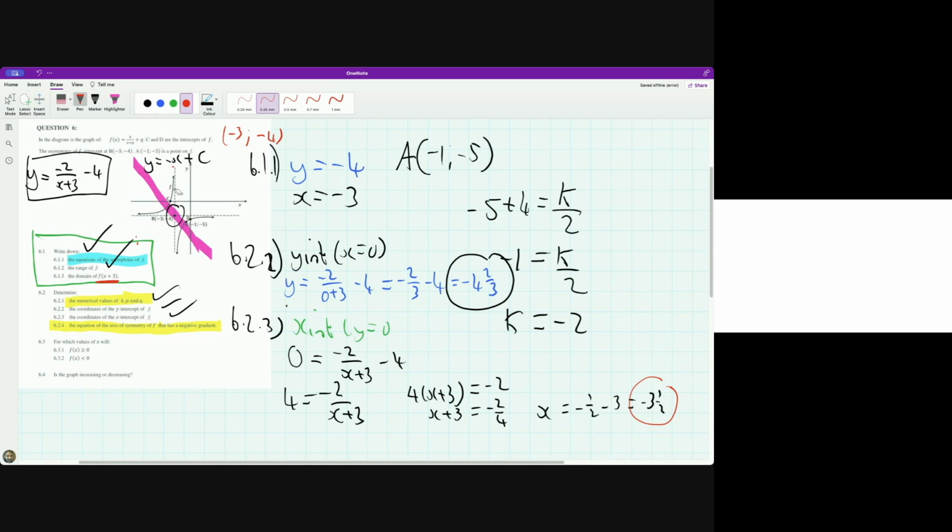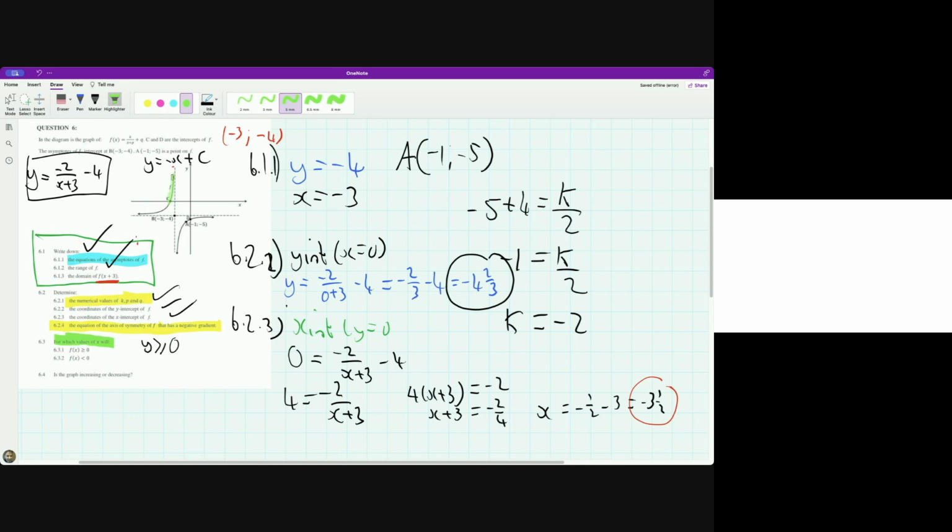Okay, now to answer this question about where f of x is greater than or equal to 0. This just means where is the function f, where is y greater than or equal to 0. Now, for which x values, so that's important too, is y greater than or equal to 0? Well, can you see this part over here?